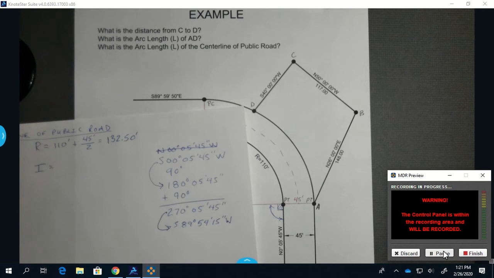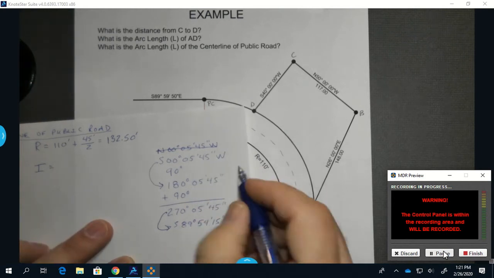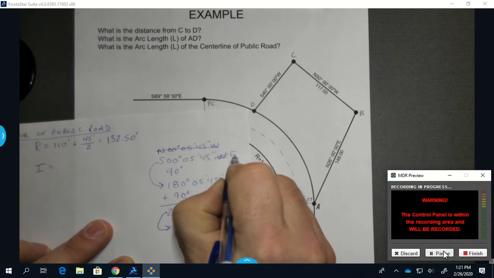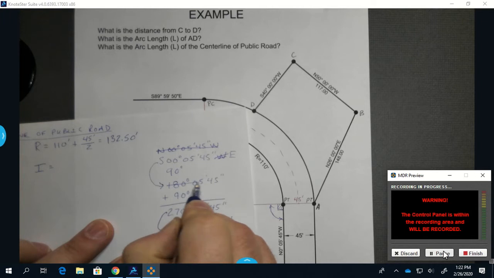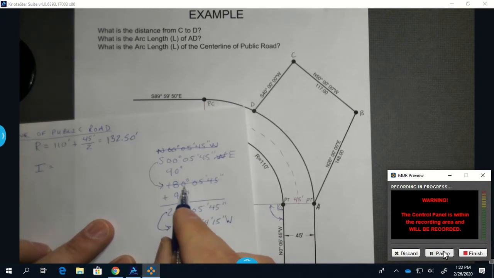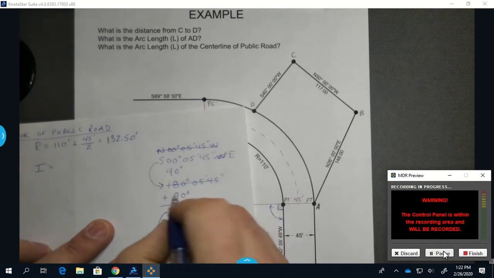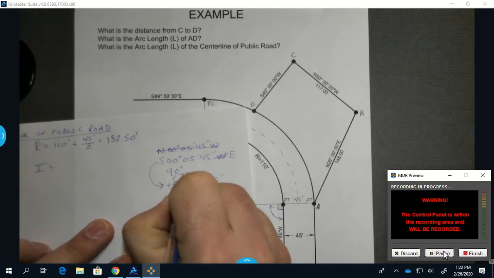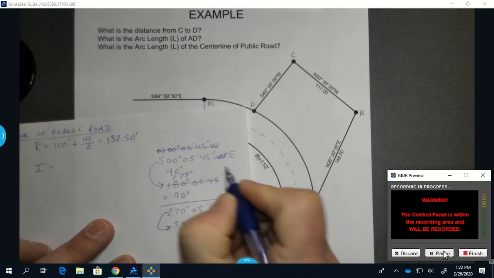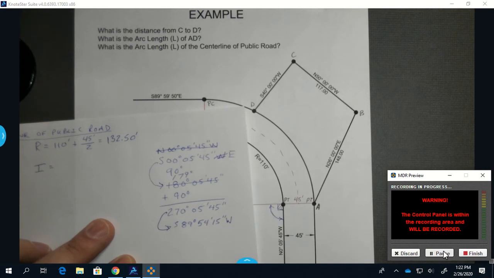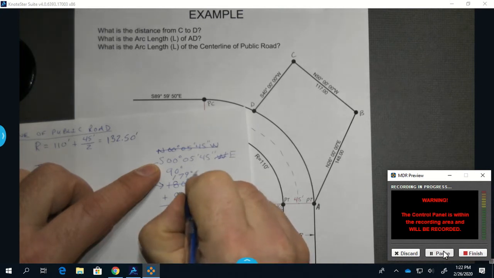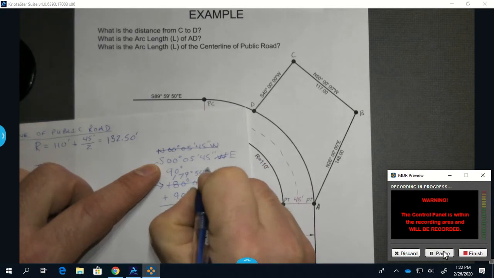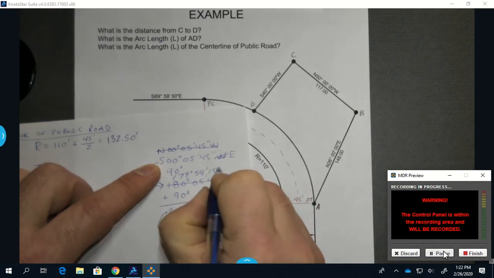And I apologize there, I had to stop because I was a little stuck, and I figured out what I did. This was actually supposed to be east, so that threw me off. So this number here, if I take that plus that, is actually 179 degrees. Let's see here, we have southeast plus 90, 54, 15, okay?